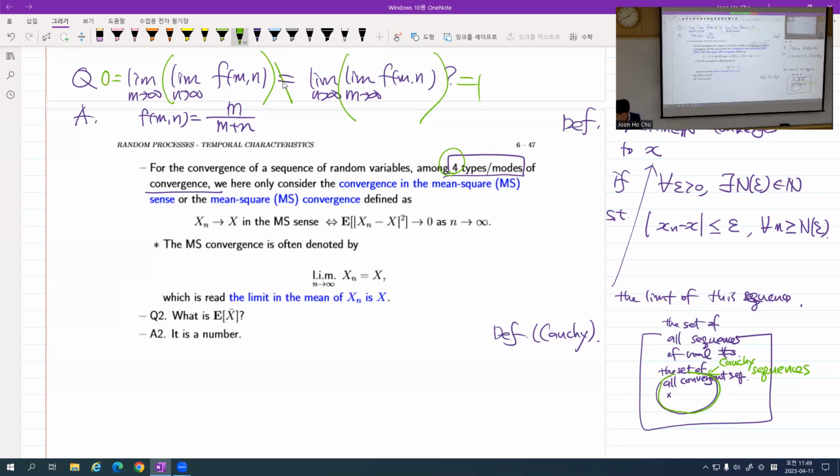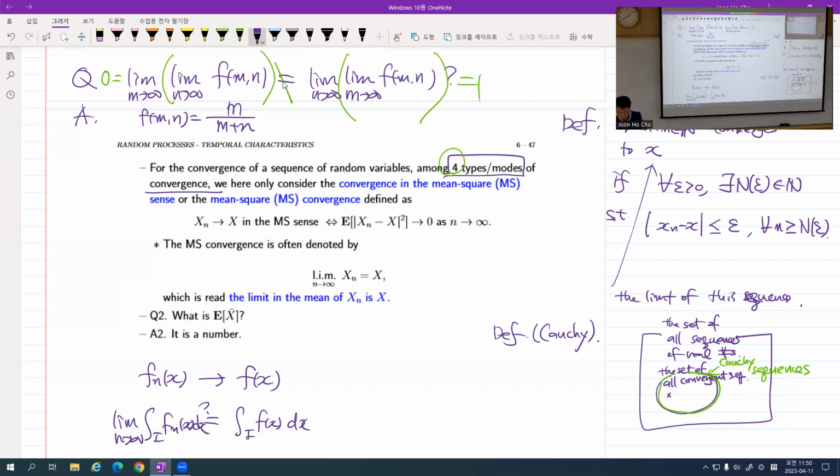And suppose you have a sequence of functions, and suppose this function converges somehow, in some sense, to f of x. Now you want to compute this integral. And the question is, is it the same as the integral of the limit?